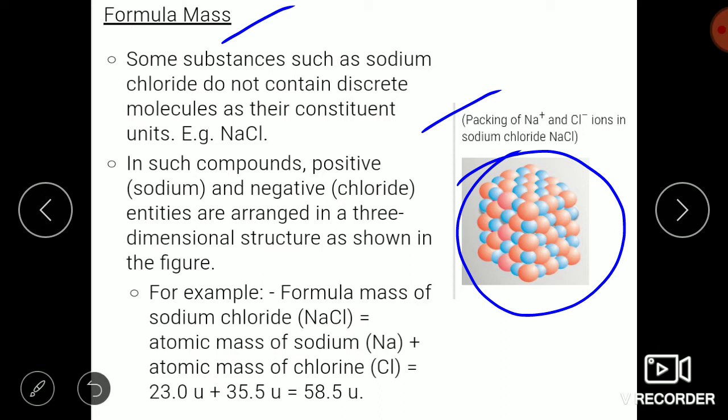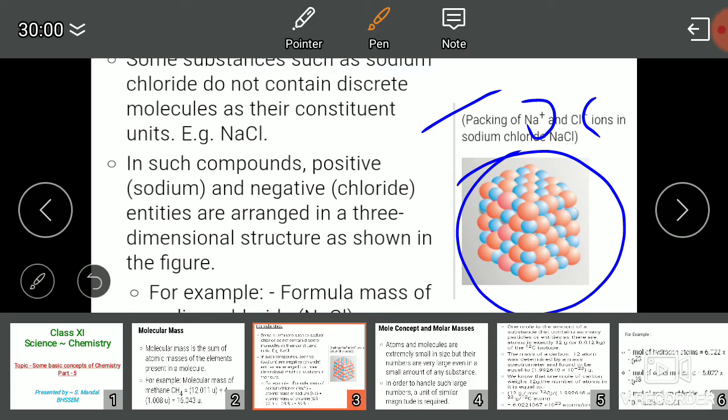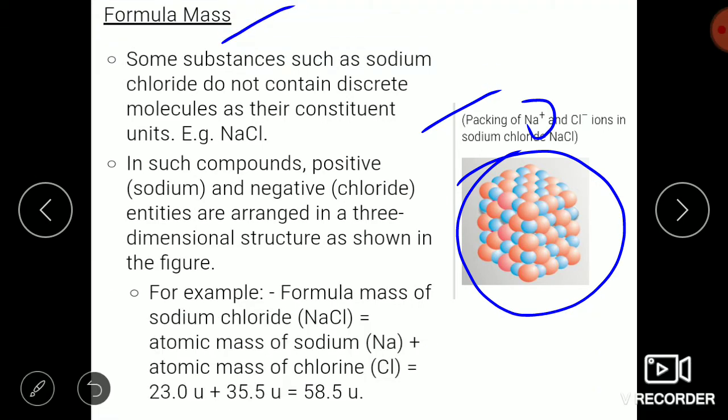Example, NaCl. In NaCl you know that Na exists as Na plus and Cl exists as Cl minus. So in such compounds, positively charged sodium and negatively charged chloride entities are arranged in a 3-dimensional structure as shown in this picture.